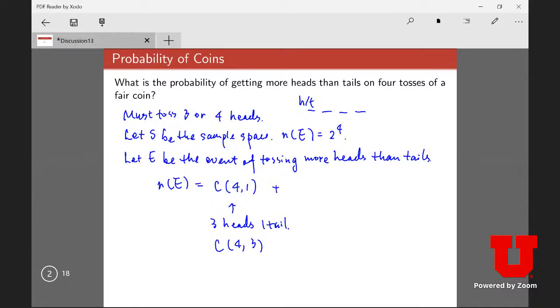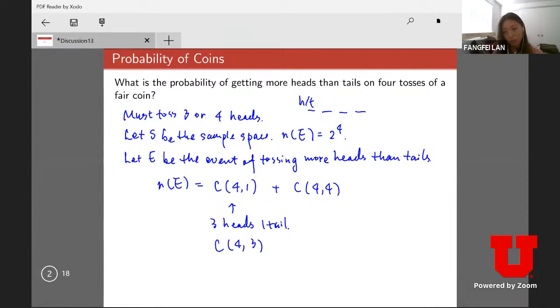And then the other one is just one way, right? 4 tosses, 4 heads, so there's only one way. So the other way that you were talking about is also correct. You just need to be a little careful not to mix them up. If you're computing probability, that's different from computing the counts. So that count is actually 5.